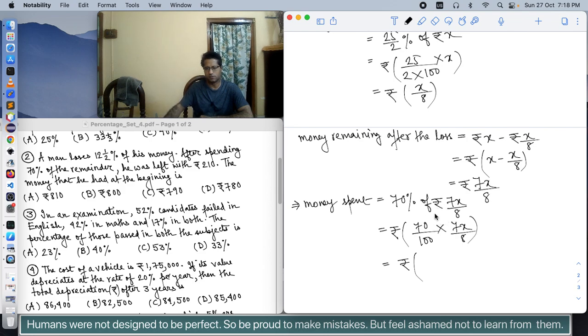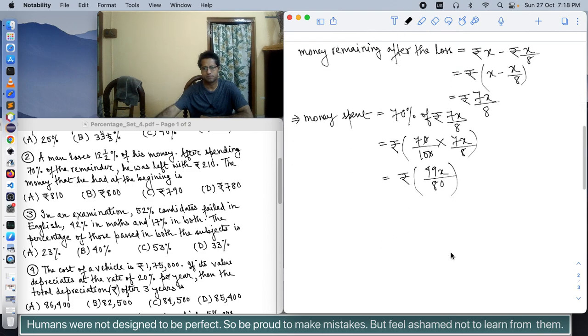Let's do a little bit of simplification. Let's cancel 1 0 and we have 49X by 80. So 49X by 80 is the money that was spent.